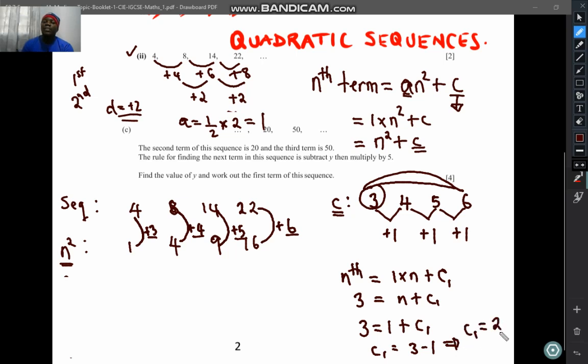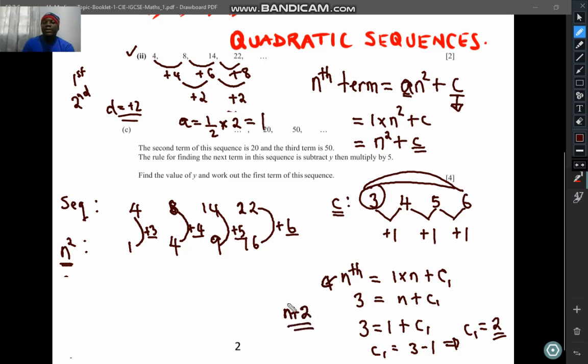So it means that the equation for the C, for our quadratic equation, would be, because we found the C1, n plus 2.